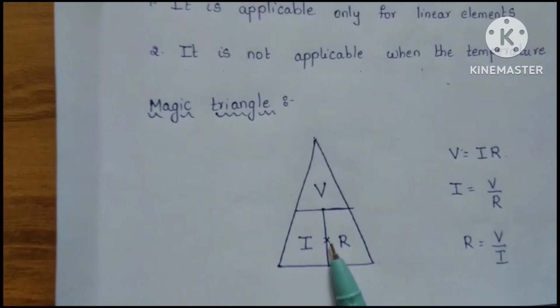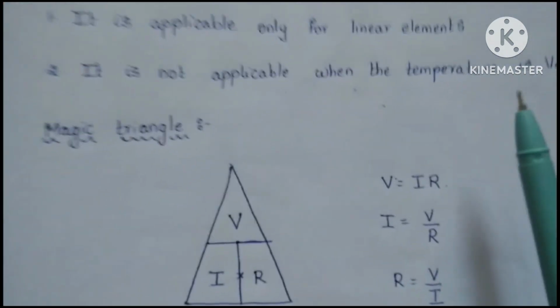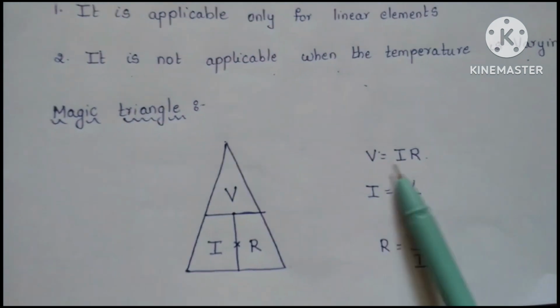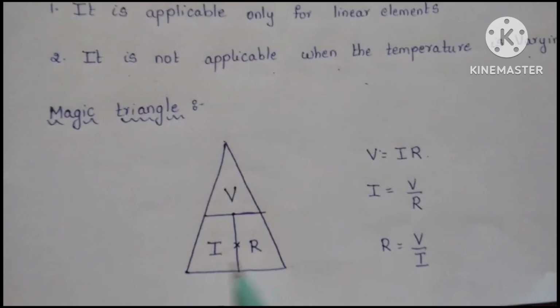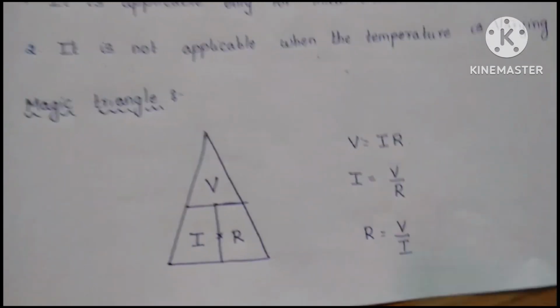Therefore, it implies multiplication. Therefore, we are going to write the equation as V is equal to I into R.